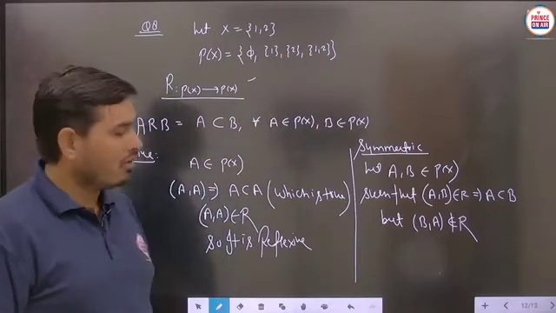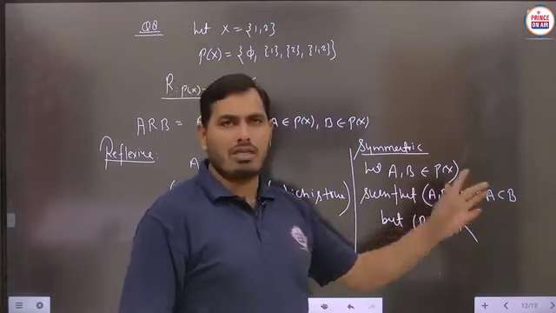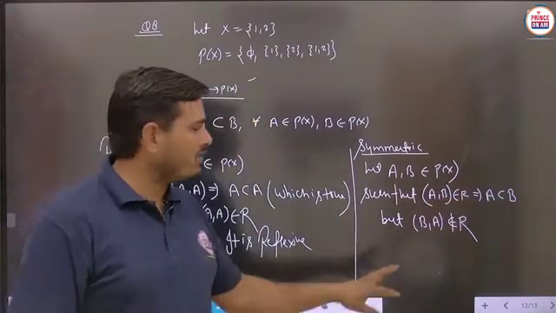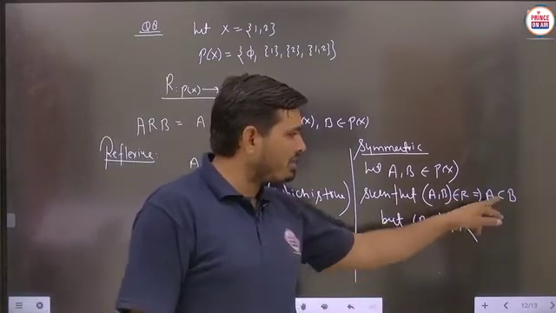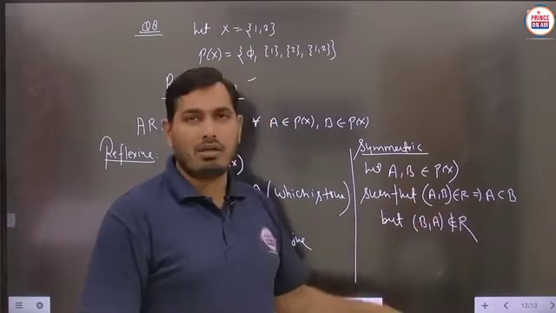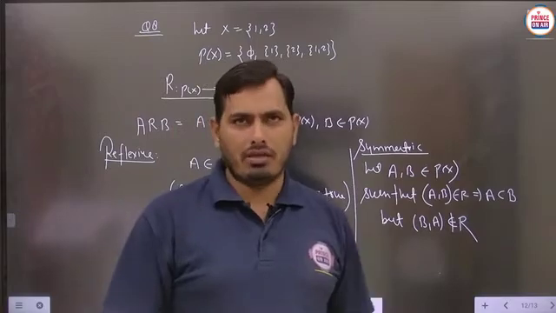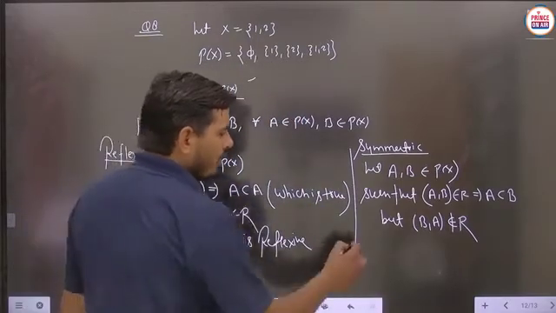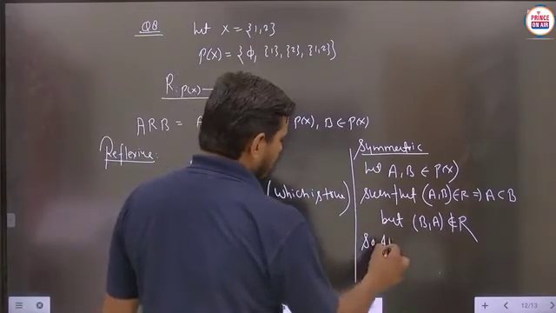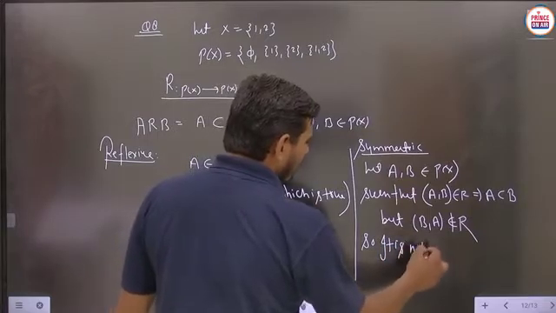Is it clear? So if (A, B) belongs to R, then A is a subset of B, no problem. But if A is a subset of B, then B may or may not be a subset of A. So (B, A) does not belong to R, so it is not symmetric.